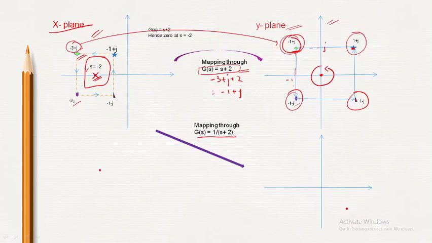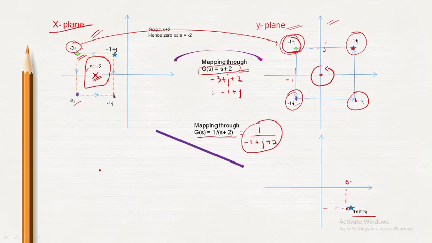That's the only difference. But let's see how the points will be mapped in this new picture. If I take the first point, minus 1 plus j, and substitute it over here, it will be 1 upon minus 1 plus j plus 2, and if you solve this, you will get the point 0.5 minus 0.5j. The point that I am getting is lying somewhere over here.